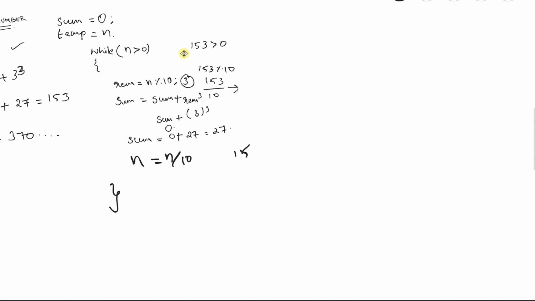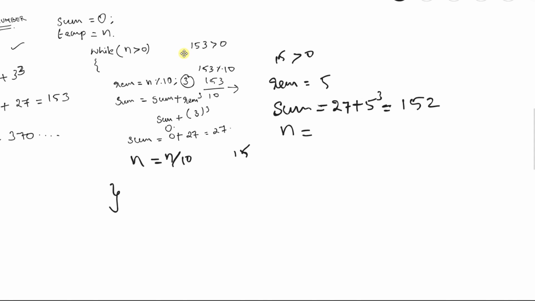When the loop continues, 15 is greater than 0. The remainder value will be 15 mod 10, so we get 5. Sum will be equal to 27 plus 5 cube, that is 125 plus 27, which is 152. Then we reduce the n value: n is equal to 15 by 10, and we get 1.